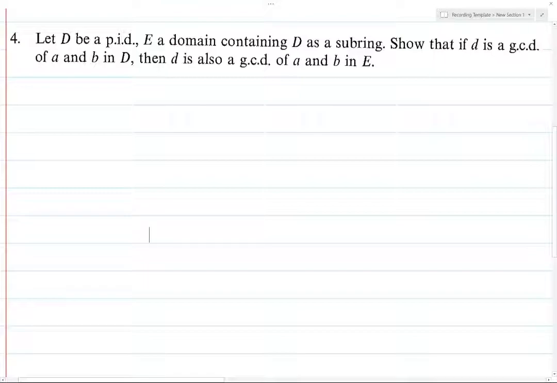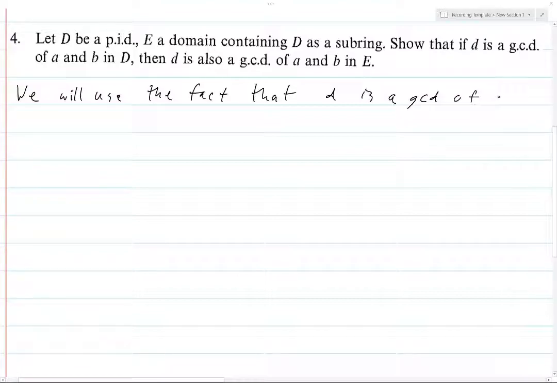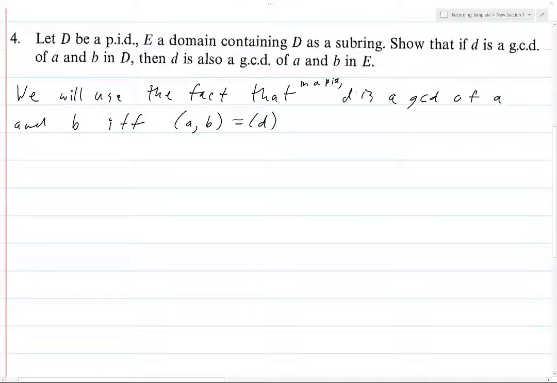First, we will use the fact that D is a GCD of A and B if and only if the ideal generated by A and B equals the ideal generated by D. Okay, so this is in a PID.